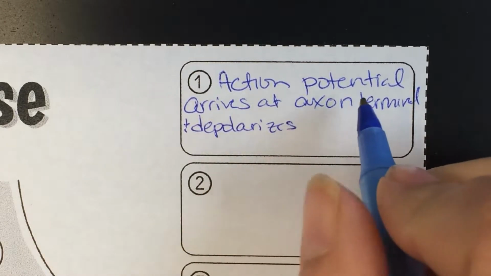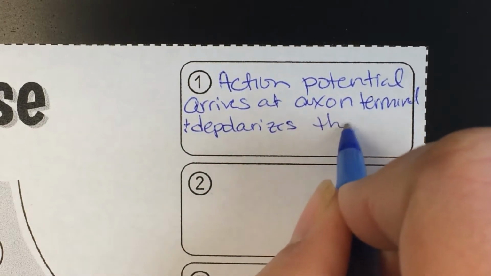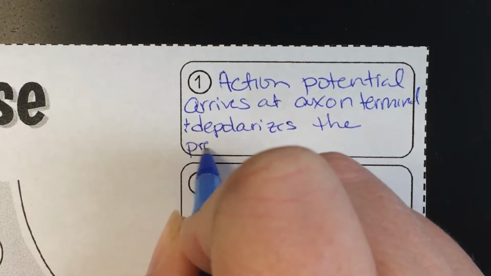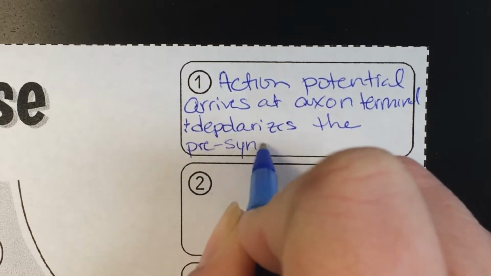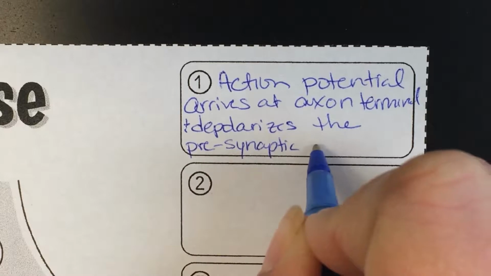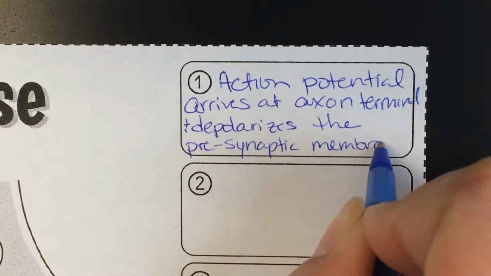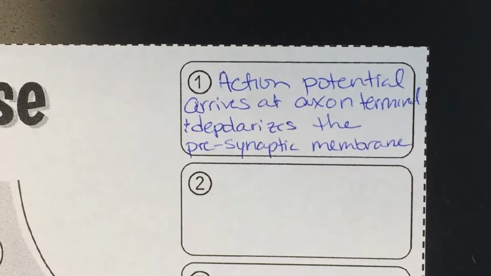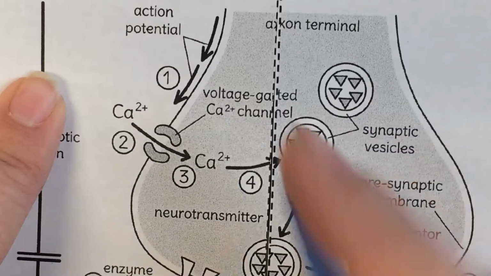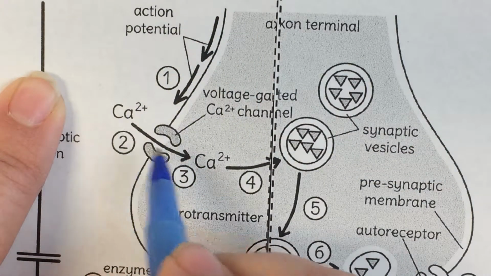So depolarizing, we're shifting our charges, the positives and negatives are alternating. So that's happening here. Now our next step, you can see there's some calcium coming in.